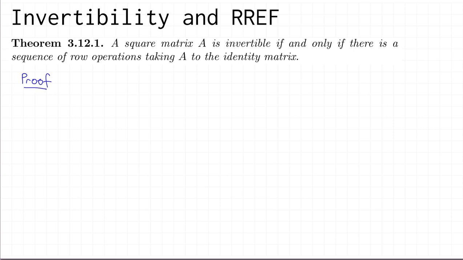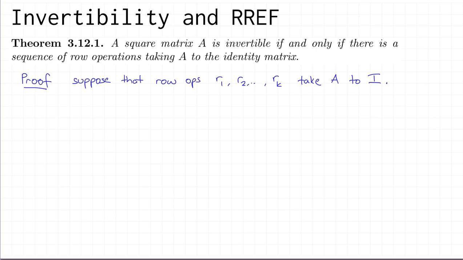Let's begin by assuming that there are row operations which take A to the identity. We'll call those row operations R1, R2, and so on, up to RK, taking A to the identity matrix of whatever appropriate size.